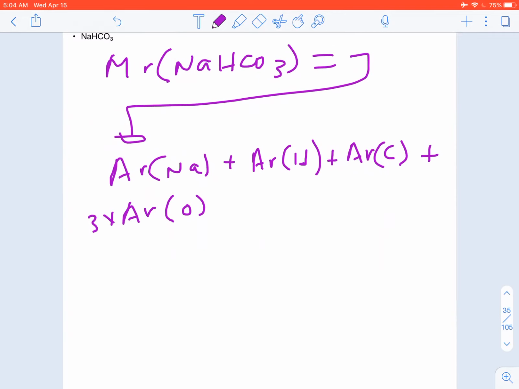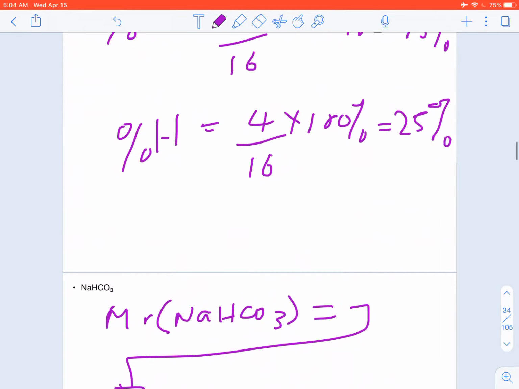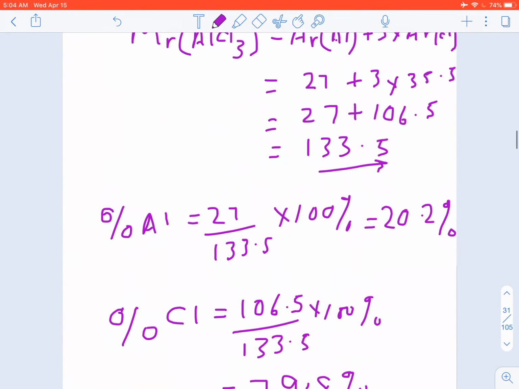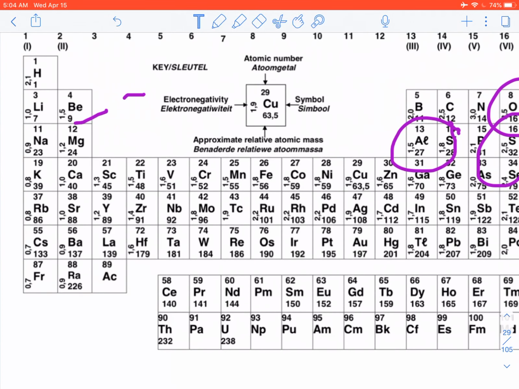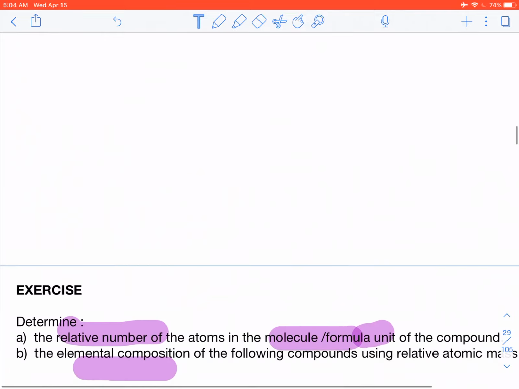So we want the mass of sodium, and we look at the periodic table again, and you'll see I've got sodium, which is 23.